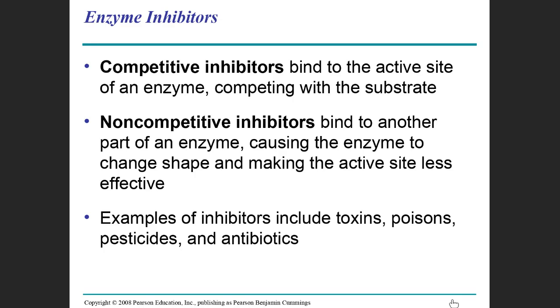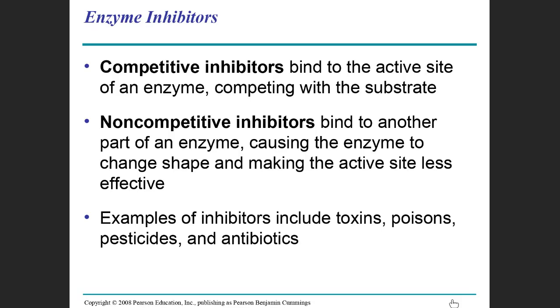And by finding drugs like antibiotics, which can bind to the active site of an enzyme and block it, that will prevent those bacteria from making that essential product. So we do have naturally occurring drugs like the antibiotics that we use to treat bacterial infections by acting as a competitive inhibitor and competing with the substrate.